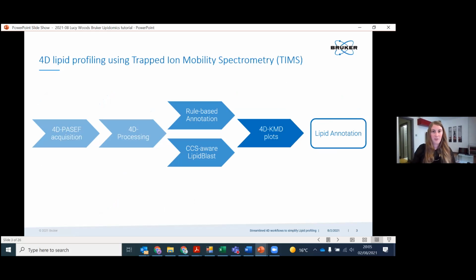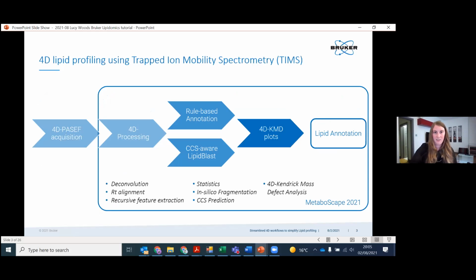And the way that we do this is through a processing pipeline, which is based on our timsTOF platform. And then we have a series of ways in which we process the data before we annotate it.